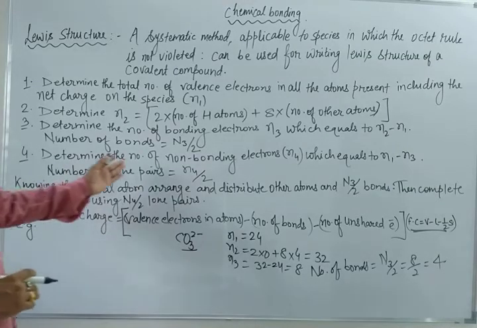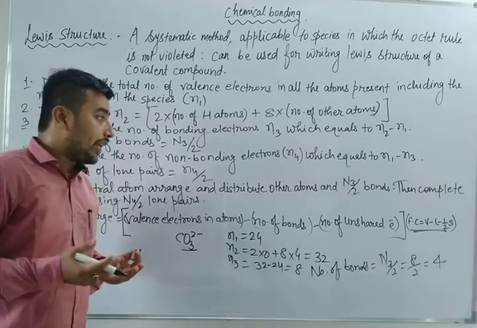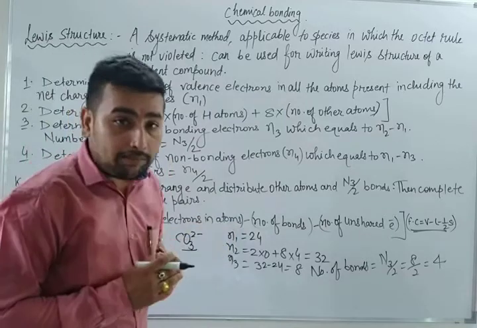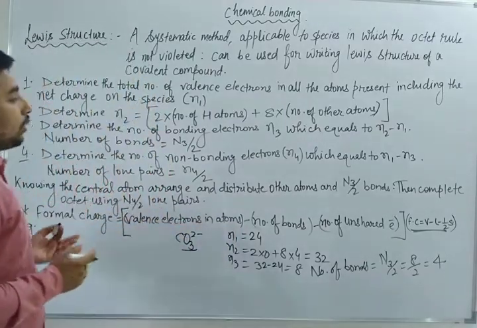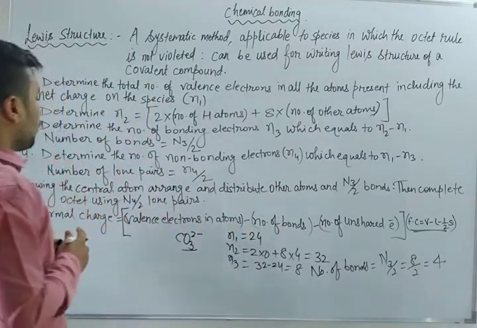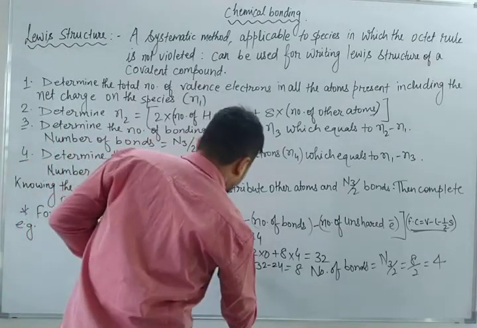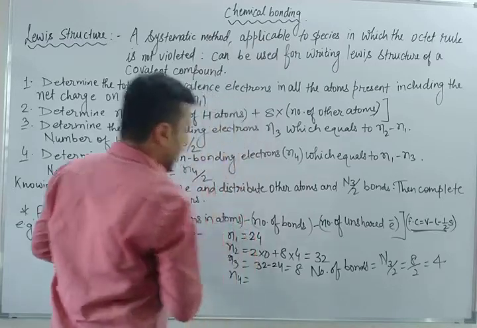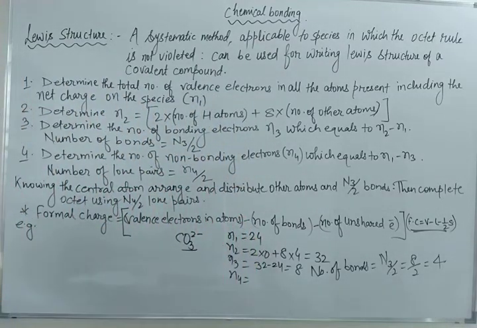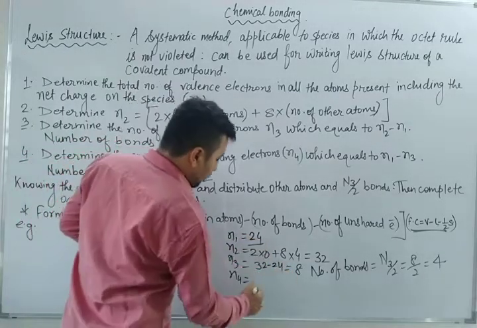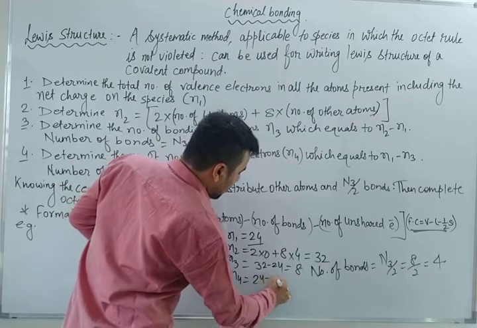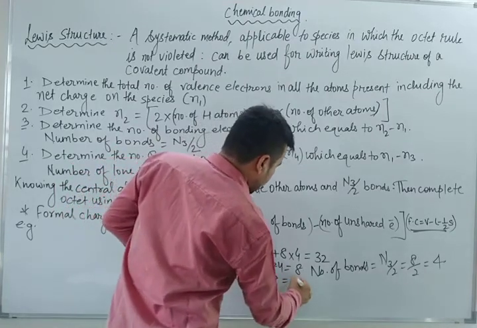Now determine the non-bonding electrons. Non-bonding electrons are those which do not participate in bonding, meaning lone pair electrons. So N4 is equal to N1 minus N3. First of all, what is the value of N1? You can see the N1 value is 24 and the N3 value is 8. 24 minus 8 is equal to 16.